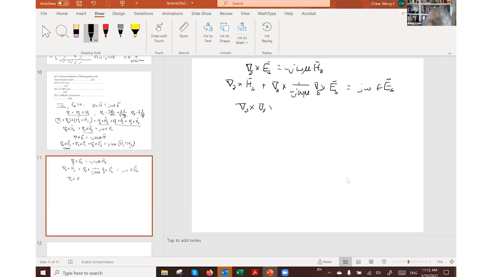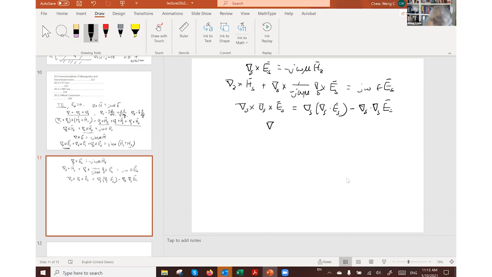Here you can see that the second term is just that. And I can use the BAC-CAB formula. You should know the BAC-CAB formula like the back of your hand by now.